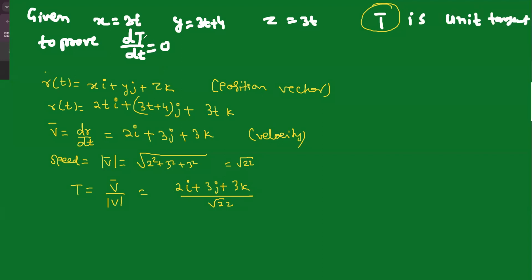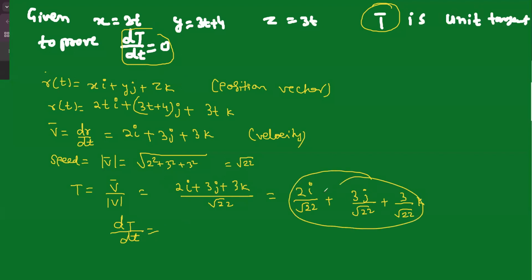But you have to prove what? dT upon dt, right? So when you differentiate this T with respect to small t, you can see this is a constant vector. Why constant? Because there is no small t. So when you differentiate with respect to t, you will get 0, right?